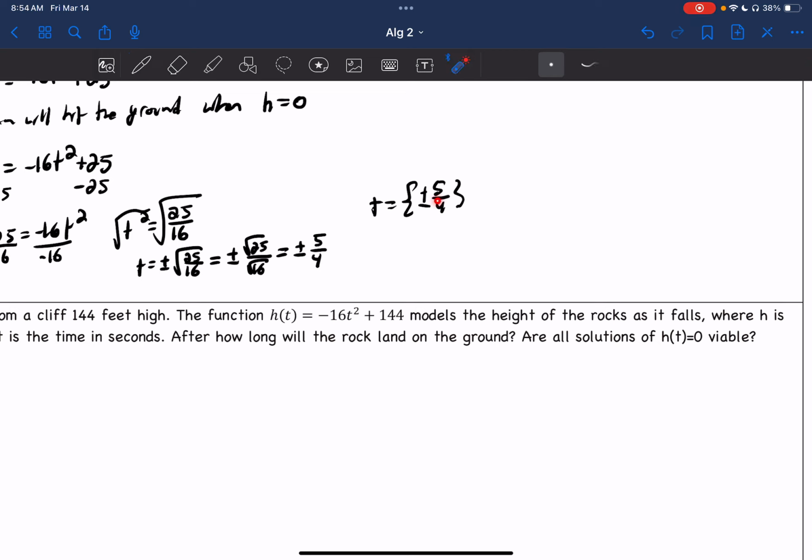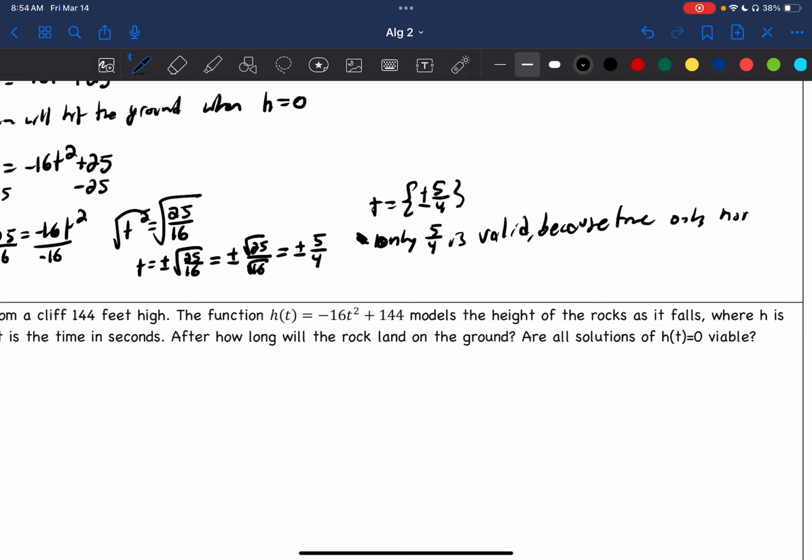Now, only one of those two answers is valid. So I'm going to put in a little star, and I'm going to say only 5/4 is valid because time only moves forward. So t cannot be negative.